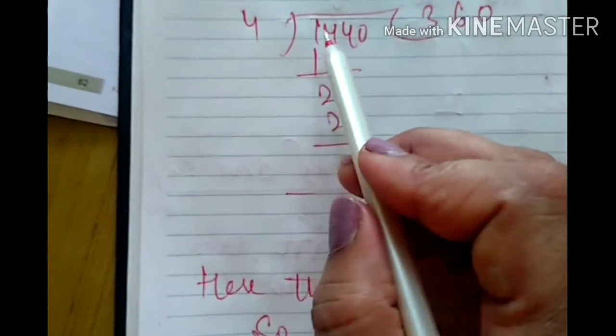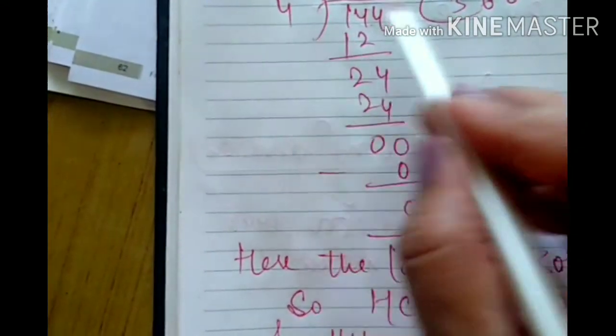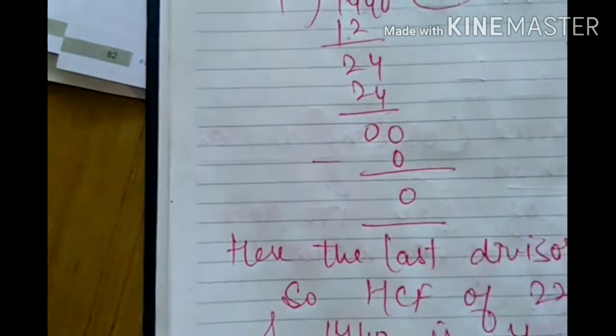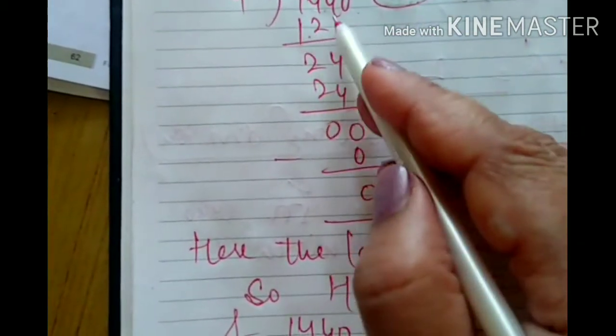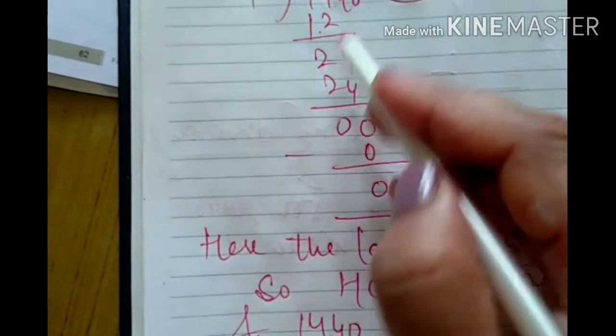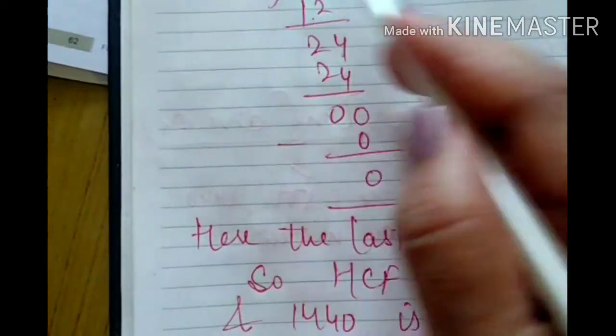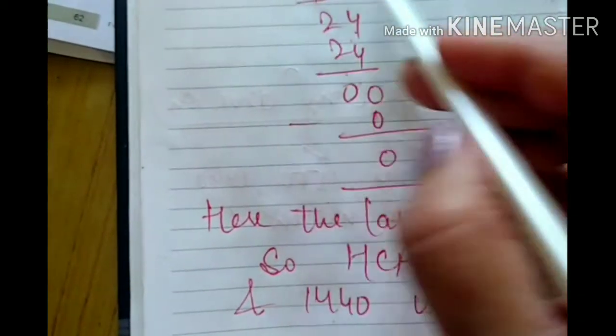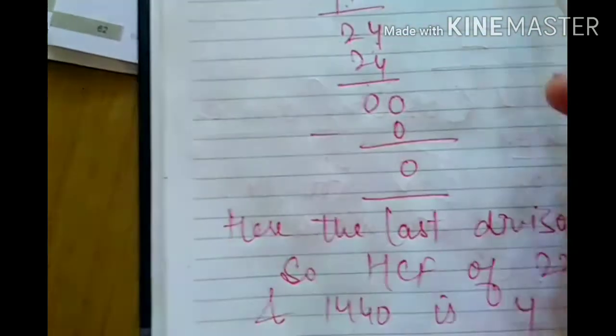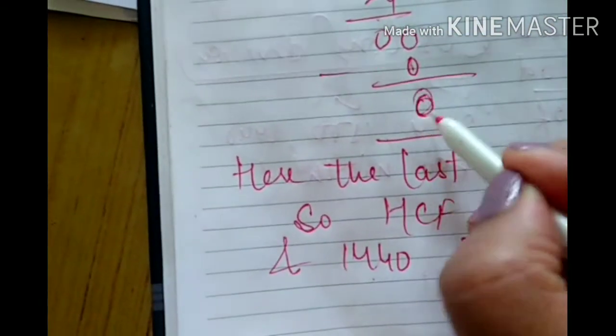Divide 1440 by 4: 4 3 ja 12, 2 4 3 ja 12. Remainder 2, and take 4 as carry. 4 6 ja 24. Then take 0 as carry. 4 0s are 4 0. Now you have got 0 as remainder.